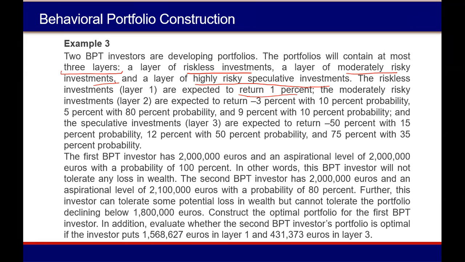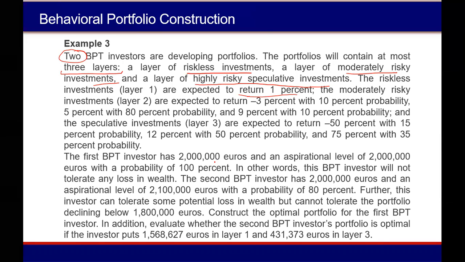So we have two investors. The first investor has 2 million euros in hand, and his aspirational level is 2 million euros with a probability of 100%. What does it mean?